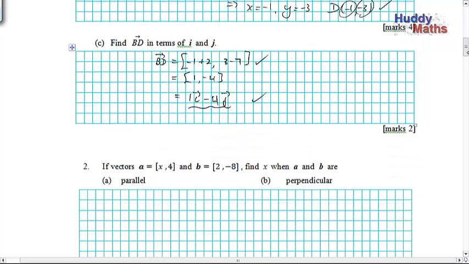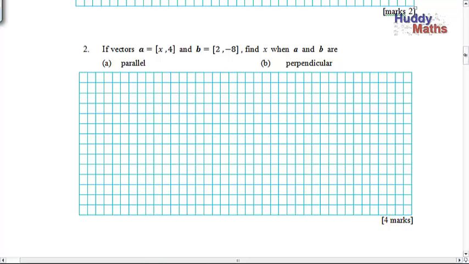Come on down now. Let's have a look at question 2. Find x when a and b are parallel. A and b are parallel implies a is k times b. So that means (x, 4) is equal to k times (2, -8).